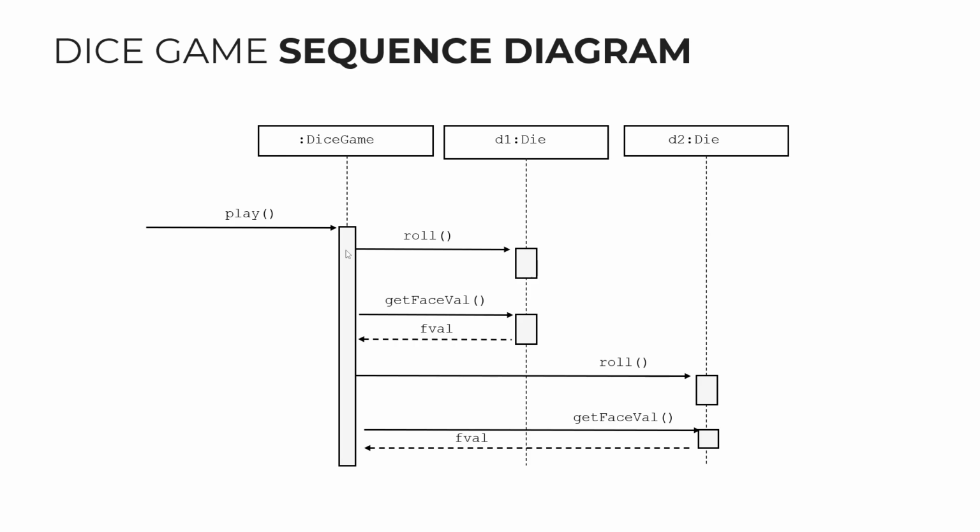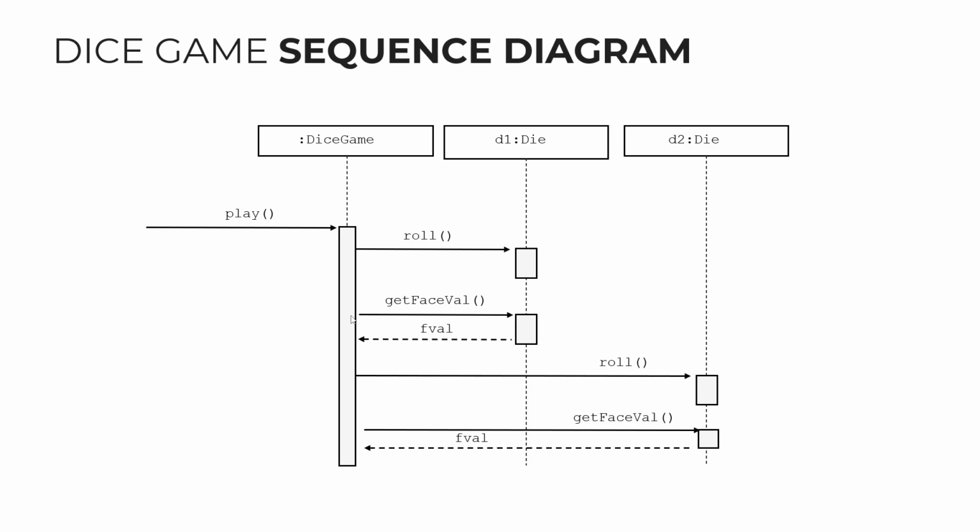We have a session for this, but just understand that this is the starting point of the play method. Now, during this playing, the roll message is being sent to the D1 die, and then the die rolls itself.